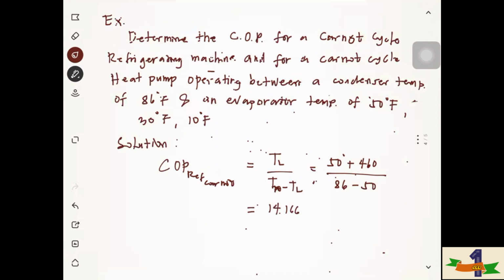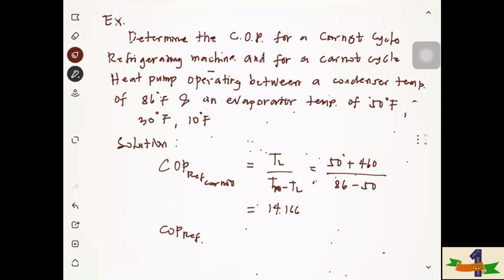So that is for the 50 degrees Fahrenheit. If our TL is 30 degrees, or our evaporator is operating at 30 degrees Fahrenheit, we have the COP of the Carnot refrigerator for 30 degrees Fahrenheit.